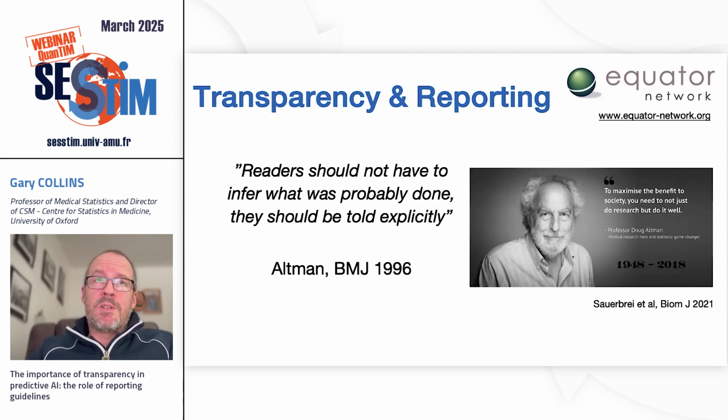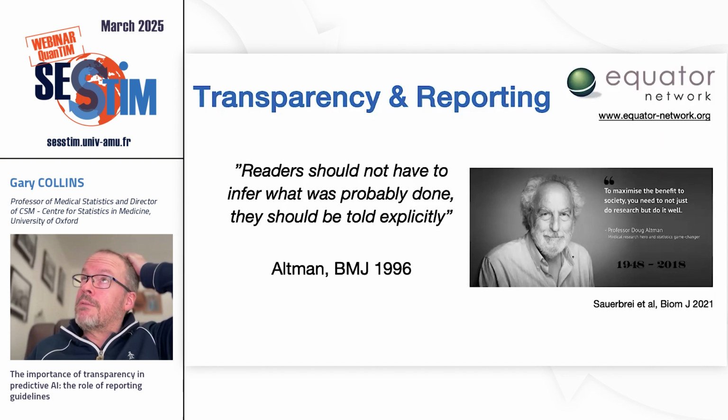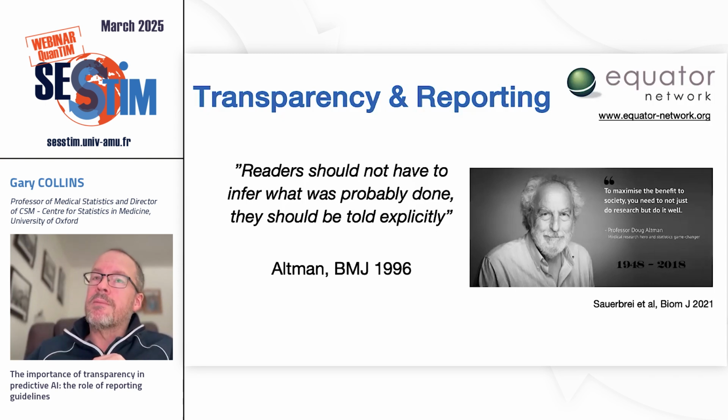Another one of his quotes was, readers should not have to infer what was probably done, they should be told explicitly. So your research article, when we're reading it as a reader not involved in the research, we shouldn't have to guess what you did. We should be told explicitly in the manuscript why you did this, how you did it, what you found, and implications. We shouldn't have to guess.